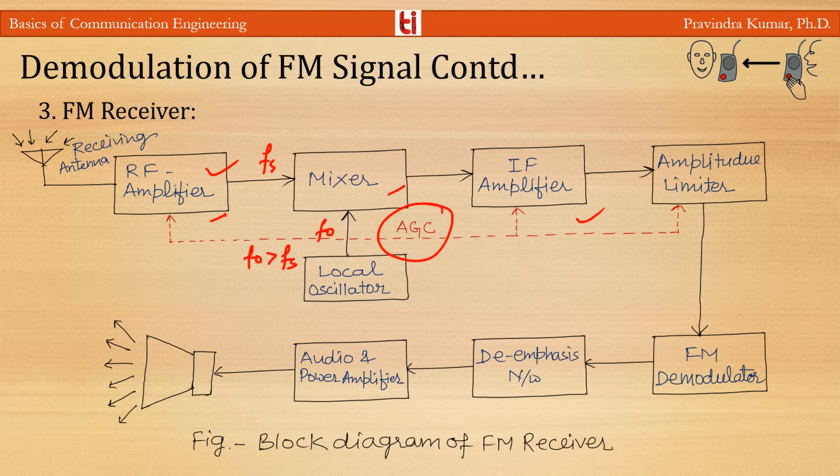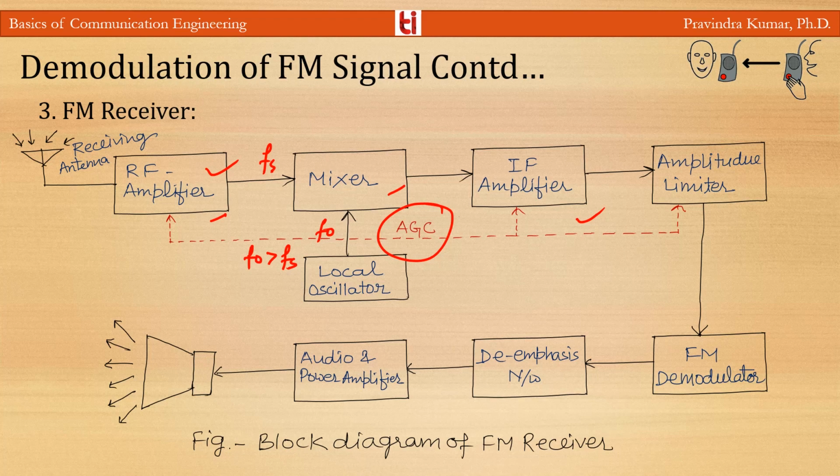In FM broadcasting, the tuning range of the incoming frequencies is less than that in AM broadcasting, so tracking is not a problem in the FM receiver. The RF amplifier and mixer stages normally use FETs as they are less noisy.